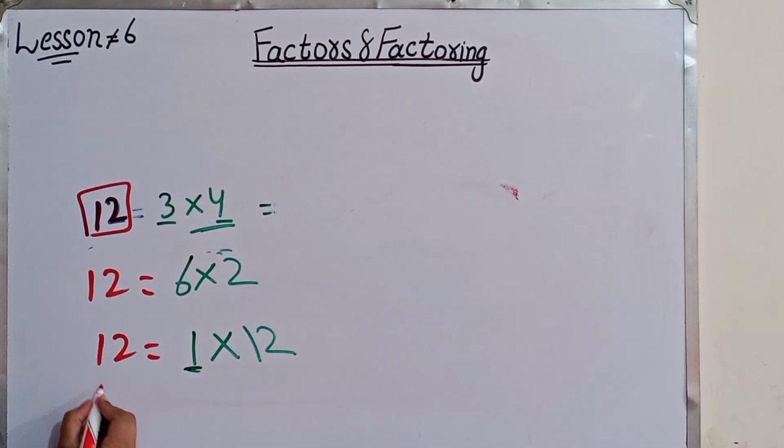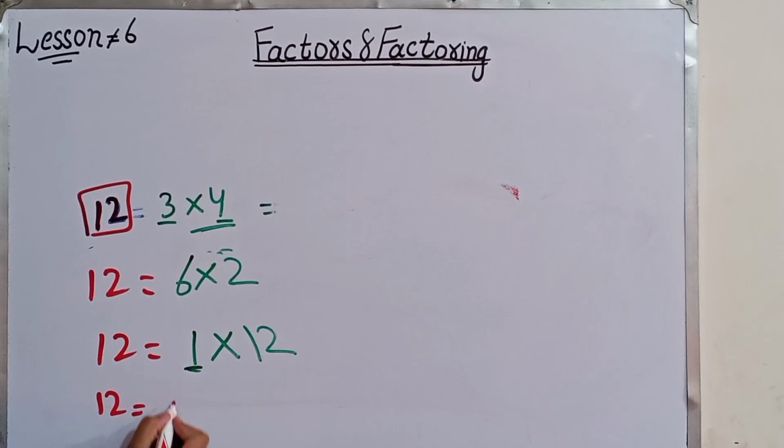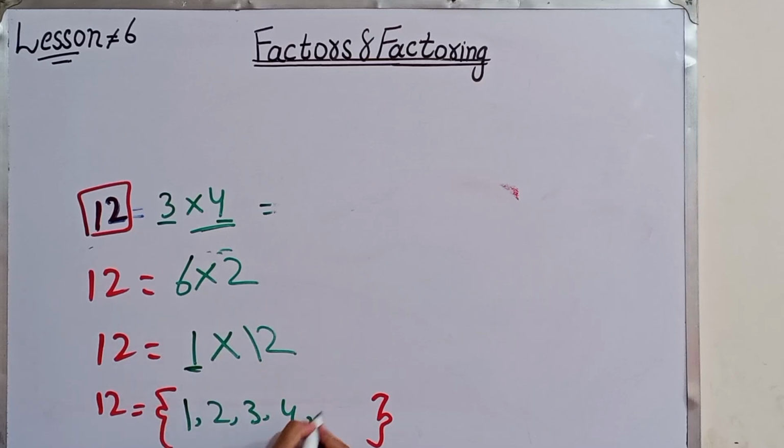Now we make the set of 12. We start from 1, 2, 3, 4, 6 and 12. This is the complete set of factors of 12.